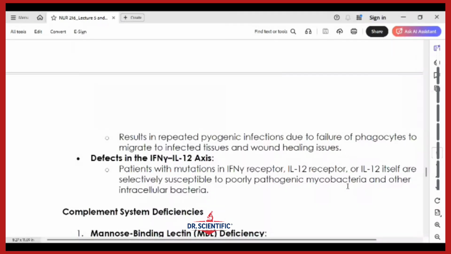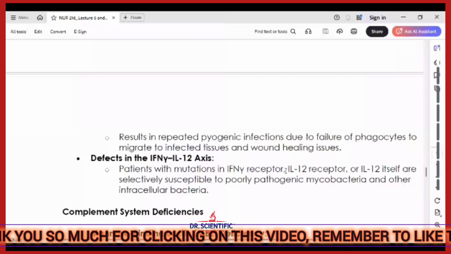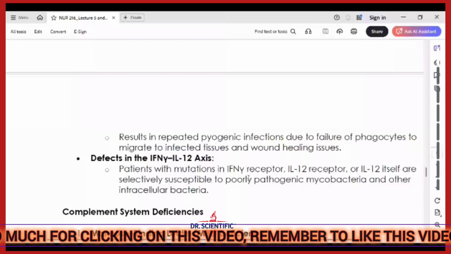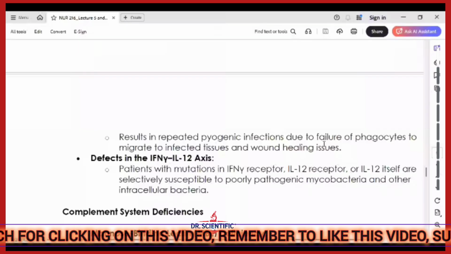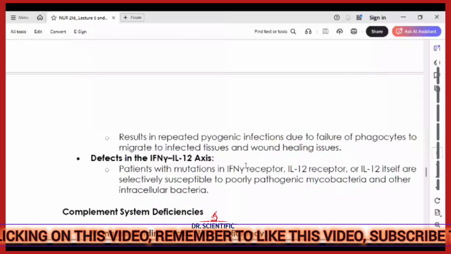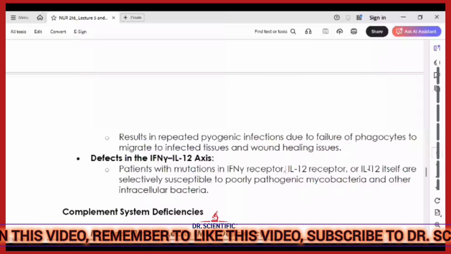So they are unable to deal with mycobacteria, as well as other intracellular bacteria. These individuals are unable to have an interaction between interferon gamma and interleukin 12. These usually interact with each other, and if this doesn't happen, then these individuals cannot deal well with bacteria.